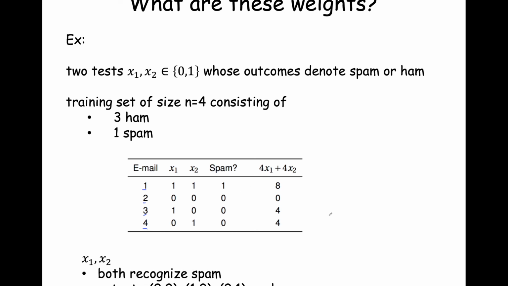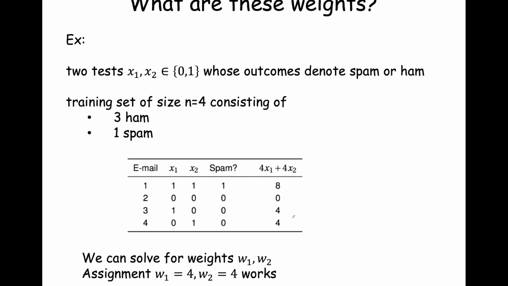And so now what we want to do is come up with a formula, some linear combination or set of weights associated with our tests X1 and X2, given that threshold of 5, that will work. X1 and X2 both will recognize spamminess, and the outputs of X1 and X2, if it's 0 0, 1 0, 0 1, those are outputs on emails that are deemed as ham.